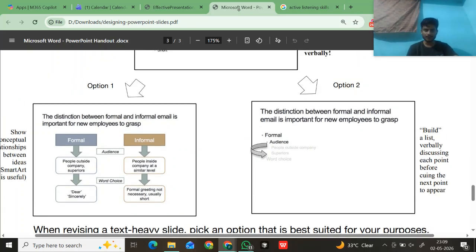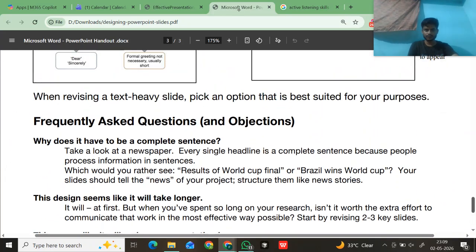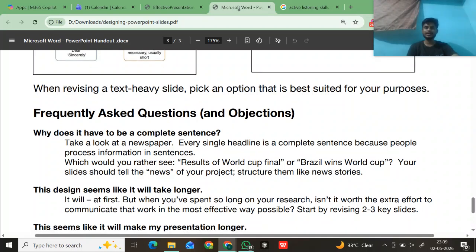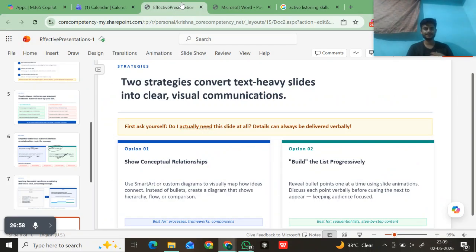Formal, informal, audience: the same information we have chunked in a way that it is easily accessible by just looking at it, right? So when revising a text-heavy slide, pick an option that is best suited for your course. Like, let's say you have some frequently asked questions, FAQs.